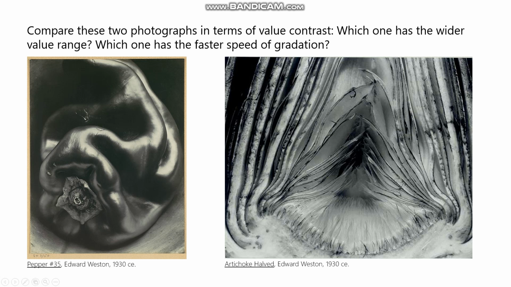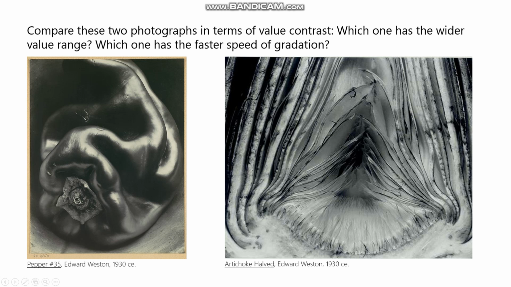But if you also look at it, the shifting from the light areas to the darker areas is quite slow and gradual, shifting through lots of mid-values, mostly a lot of light mid-values, and then just slightly darker mid-values and slightly darker mid-values. It's a very, very slow shift. Whereas the speed of gradation in this pepper photo is much faster. The sense of how strong and direct the light is is much stronger.